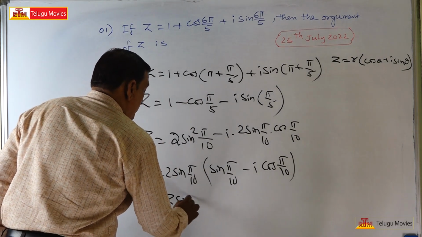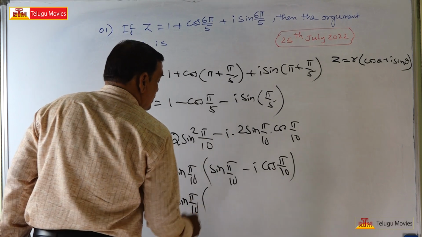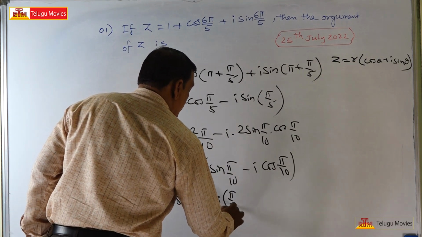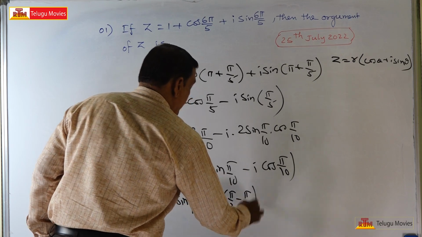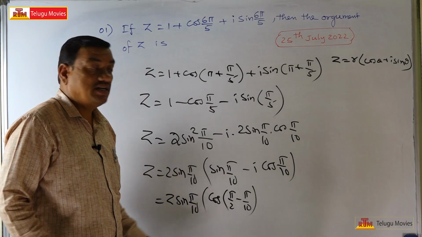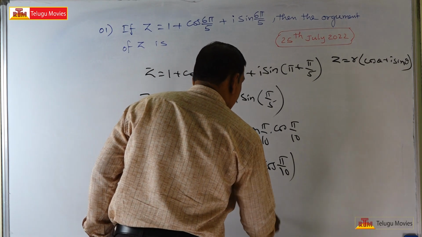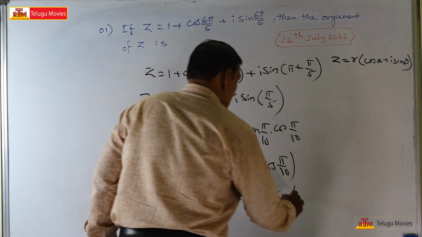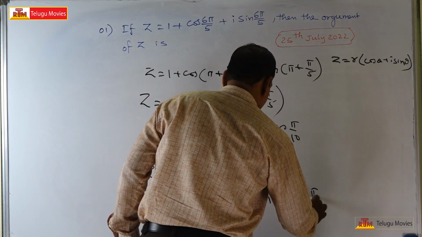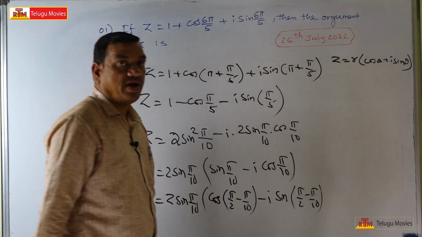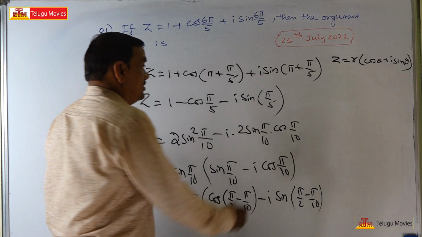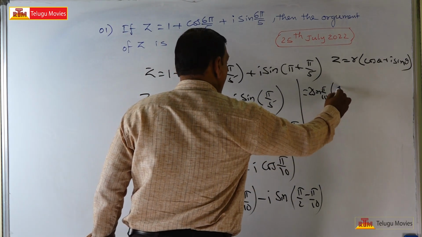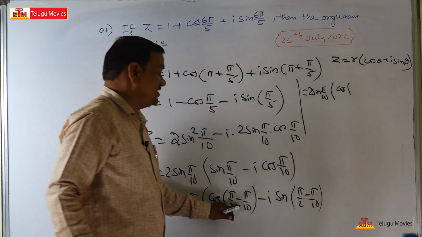So 2 sin(π/10) times (cos(π/2 minus π/10) minus i sin(π/2 minus π/10)), using cos(90 minus θ) equals sin θ. So this is equal to 2 sin(π/10) times cos of, so this is the LCM, how much?